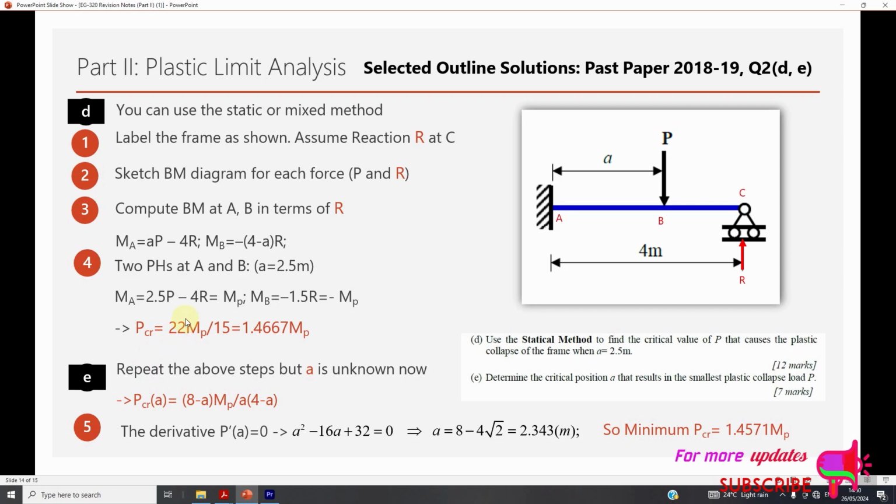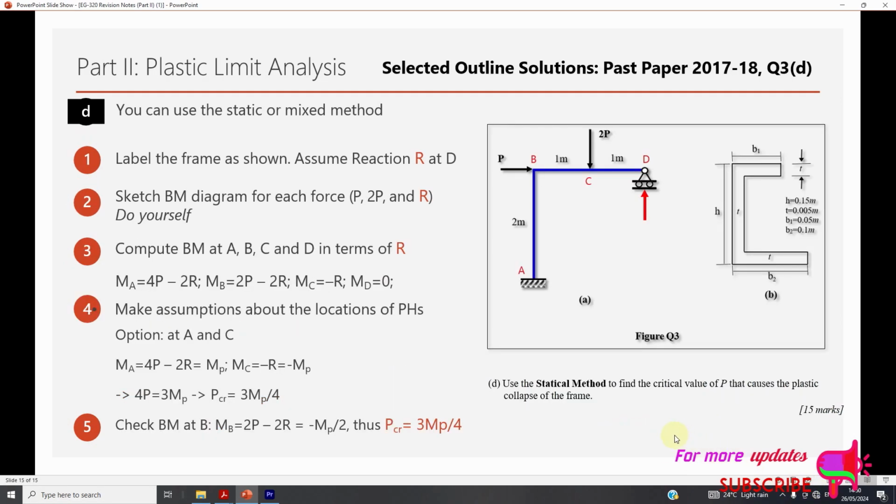The 2 plastic hinges at A and B equal to 2.5 meters can be given by this formula. So repeat the above steps, but a is unknown now. So PC is equal to 1.4571 Mp. You can use static or mixed method.